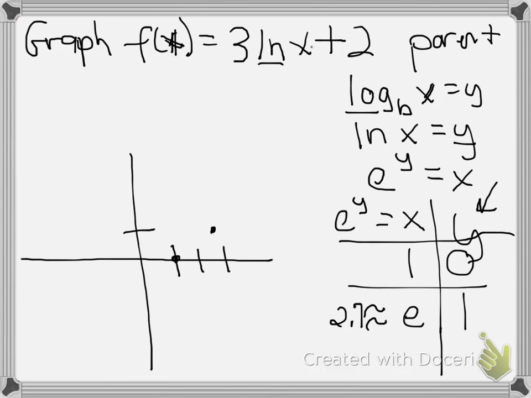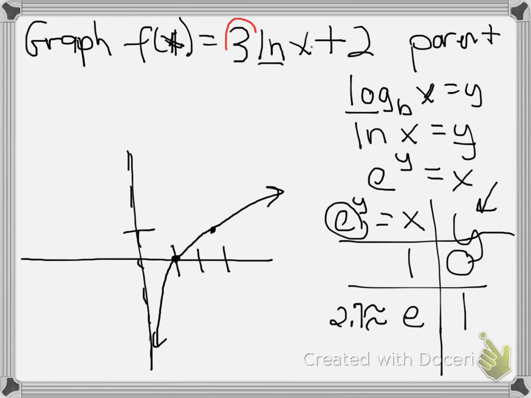There's the other point, and don't forget your asymptote is on the y-axis, and so we are increasing from left to right because don't forget that base, which is e, is 2.7, which is greater than 1. So there's our parent.